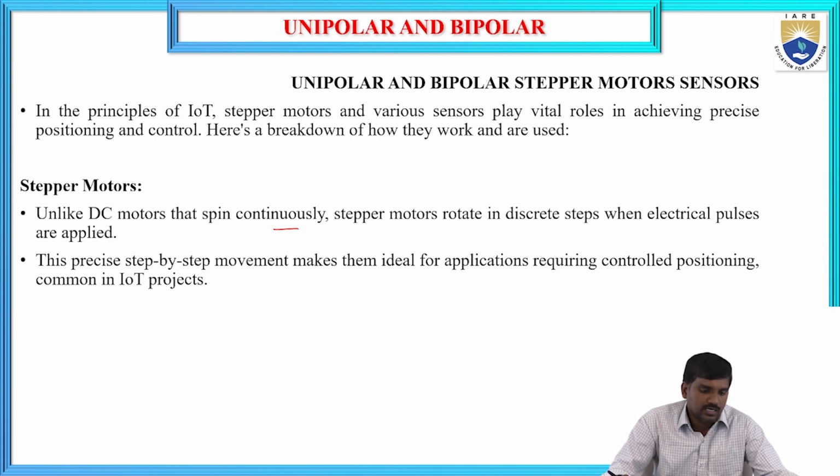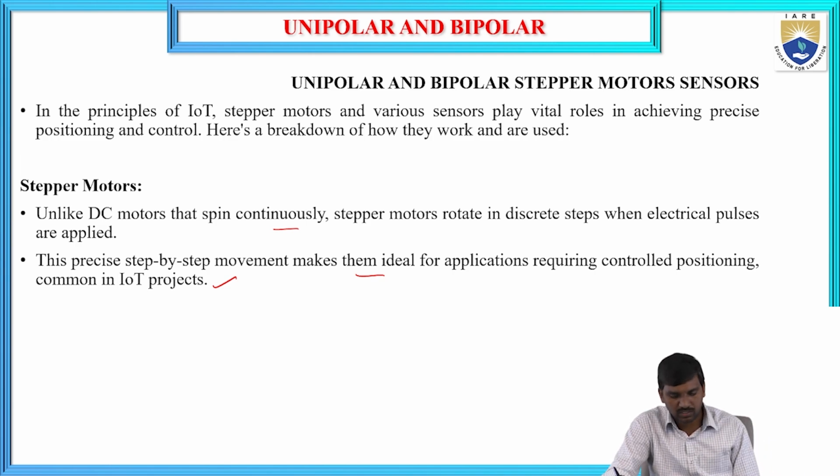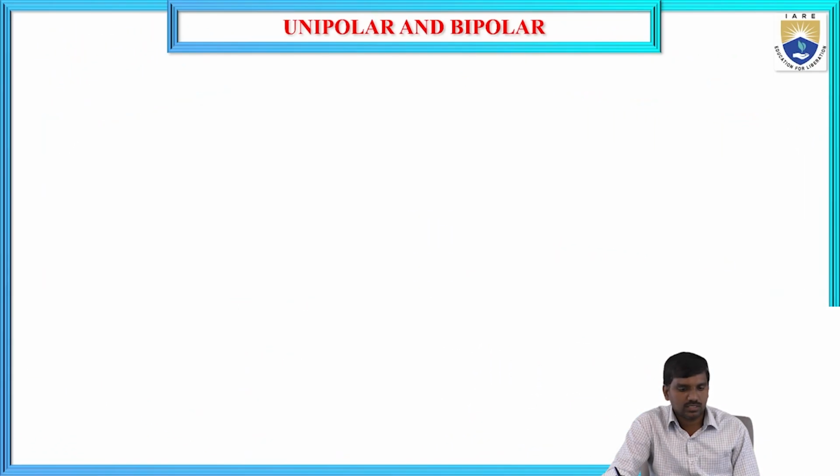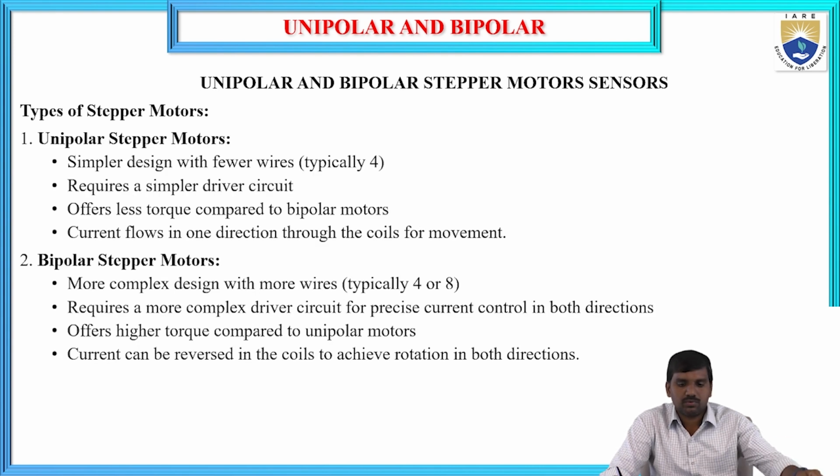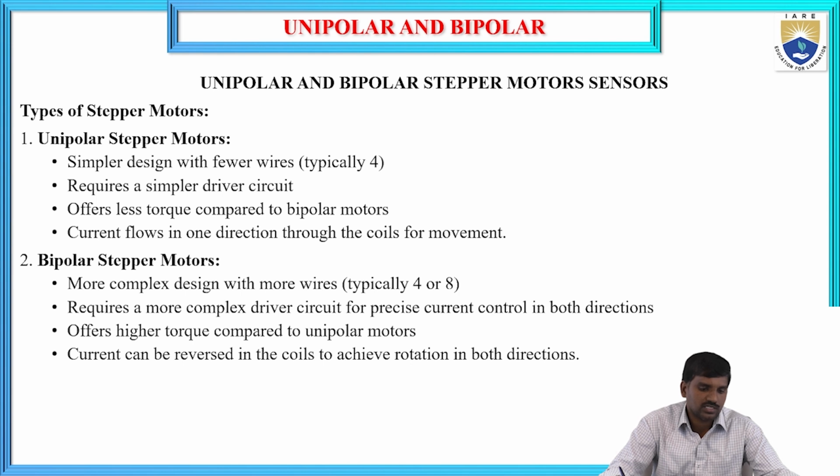This precise step-by-step movement makes them ideal for applications requiring controlled positioning, common in IoT projects. So these are the basics of stepper motors. The types of stepper motors are the unipolar stepper motor and the bipolar stepper motor.